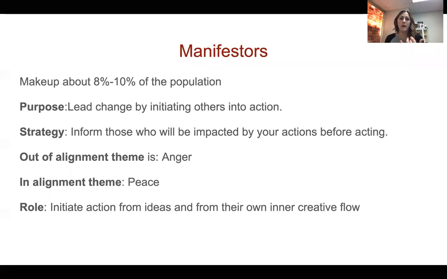So what's interesting about most of these is that it goes both ways. The people in their life need to do the same as they need to do in order for there to be good flow in their relationship. One way I like to describe it is, if a manifestor is moving and there's something in the doorway that they have to trip over, then they're going to get really mad.